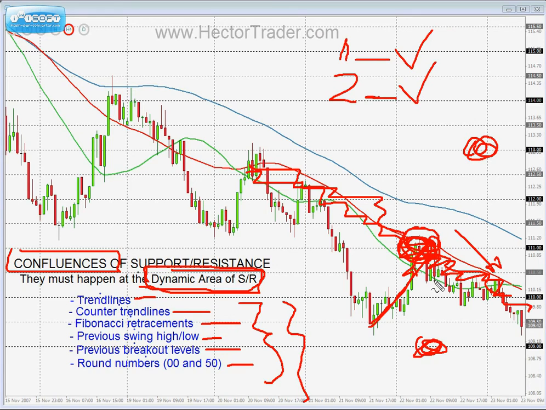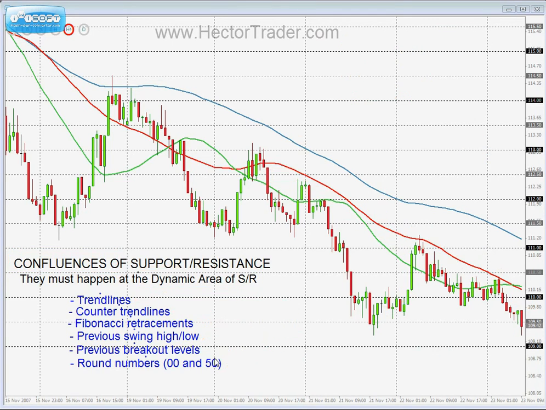First of all, a pullback to the dynamic area of resistance, and second, a confluence within that dynamic area of support and resistance. I hope that was clear. You have to have both the dynamic area and also a confluence at that area. You must have both of them in order to have a valid trading setup.